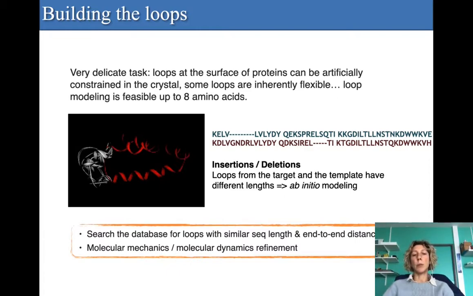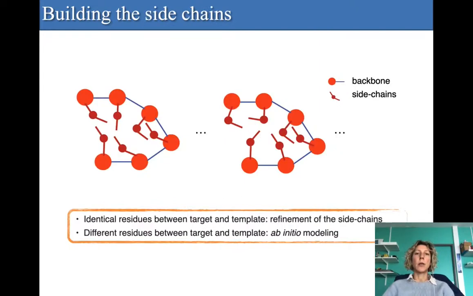So generally what people do now is to search databases of loops and try to refine the loops with molecular mechanics, molecular dynamics. You also have to build the side chains when you have the backbone. So here, of course, it's easy if the side chains are the same between the template and the query protein, but otherwise you have to perform ab initio modeling.